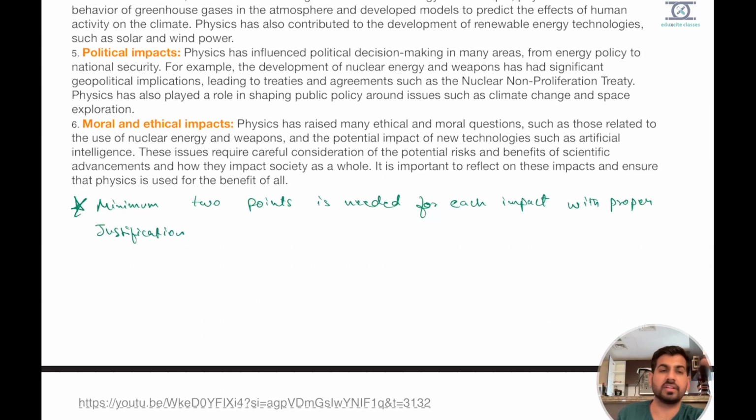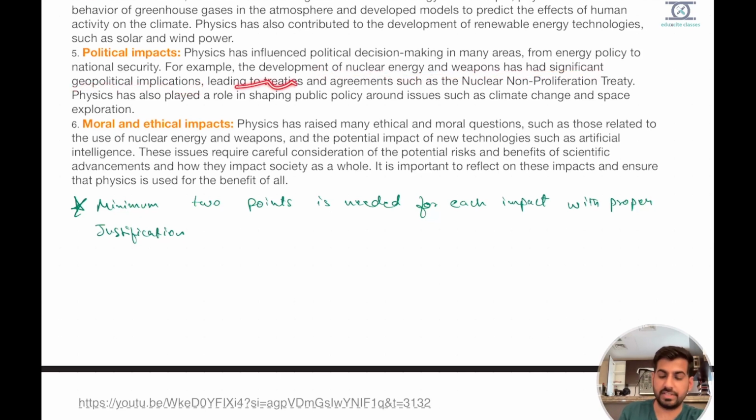Any humanitarian grounds, if something is being done, is it in favor of or against it? That comes under the political impacts. How the other countries will react to it, like in a war type situation. If a war is between two nations, it does not only affect those two nations, it affects the global level as a whole. If there is an advancement or development in nuclear energy and weapons, it has some geopolitical implications.